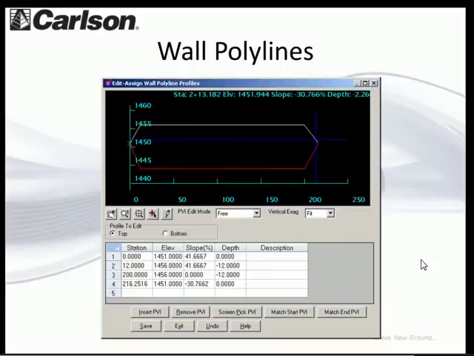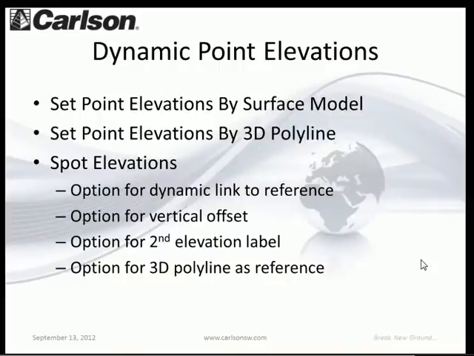Okay, so we also now have the option for dynamic point elevations. So this applies to Carlson points that have been elevated either by surface model or by 3D polyline.